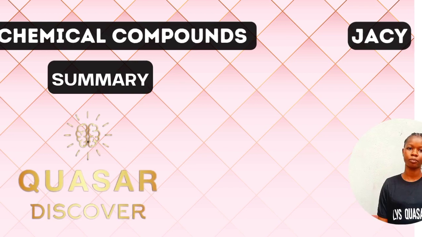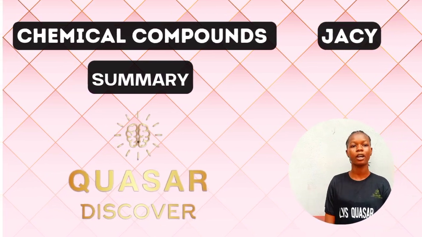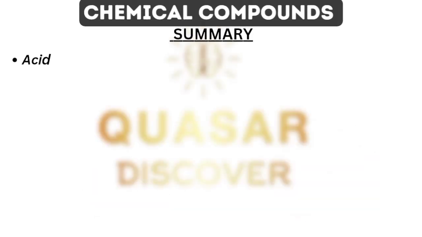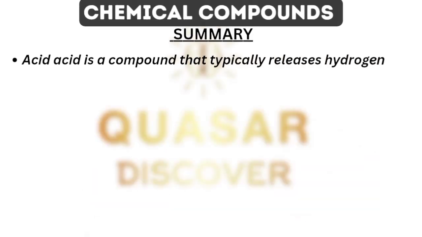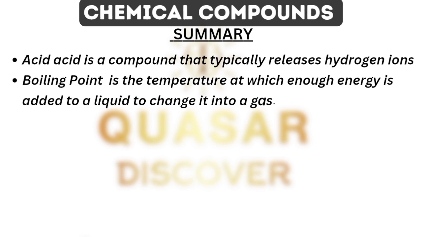In summary, a base is a compound that typically receives hydrogen ions. An acid is a compound that typically releases hydrogen ions. Boiling point. Boiling point is the temperature at which enough energy is added to a liquid to change it into a gas. Chemical formula.